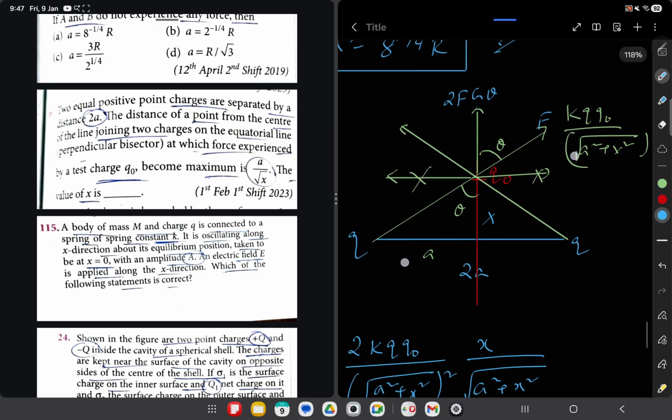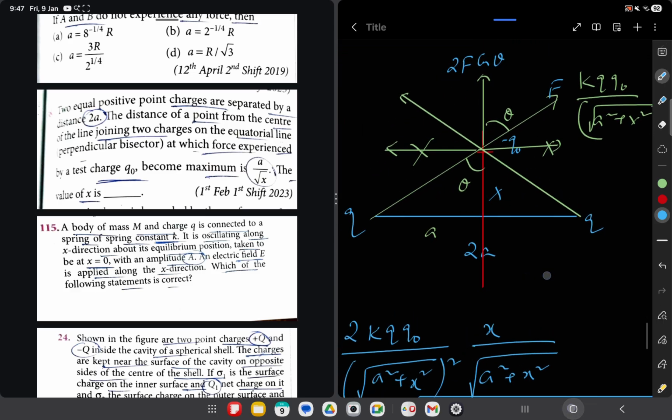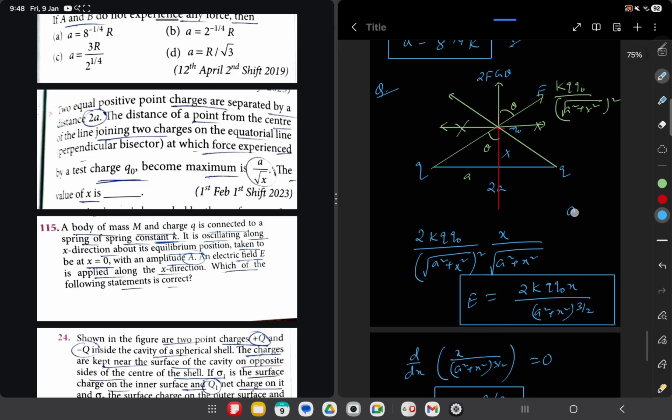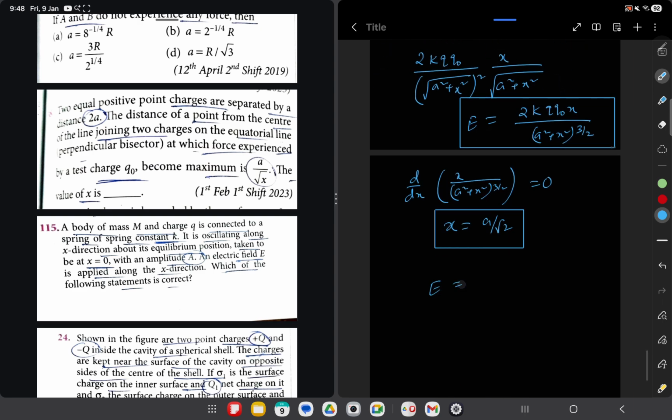If this test charge were a negative charge and it was told in the question that a is very much greater than x, then you may cancel x square. Then your term would come 2k q into q naught by a cube into x, and not electric field, that will be the term of force.